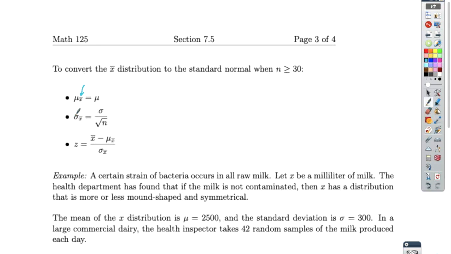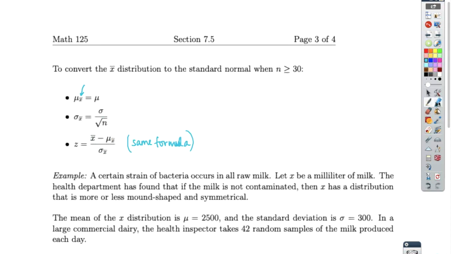The standard deviation of the sampling distribution is sigma, the original standard deviation, divided by the square root of n, the sample size. And this is the same formula that we've used before, the one to convert x's to z's: x minus mu over sigma, just adapted to these new values.